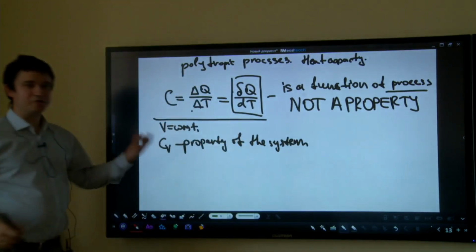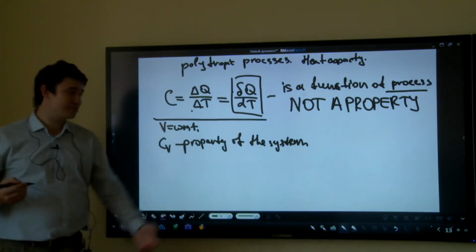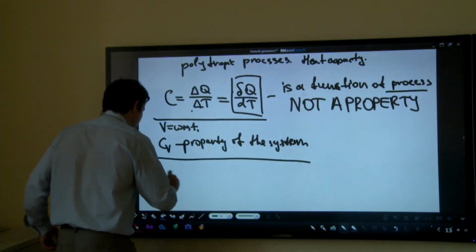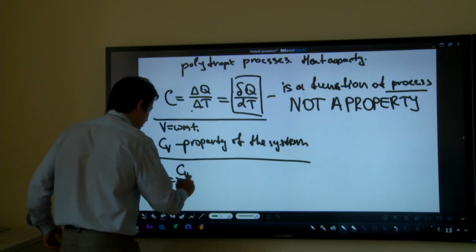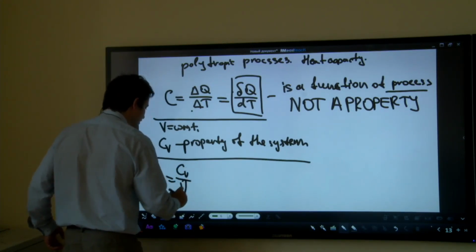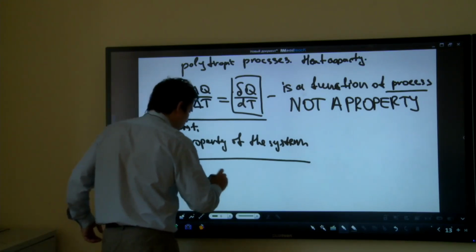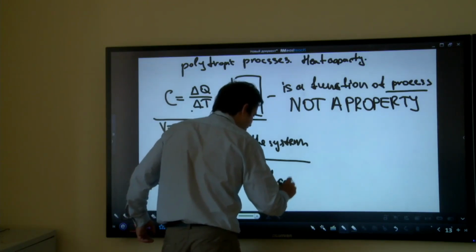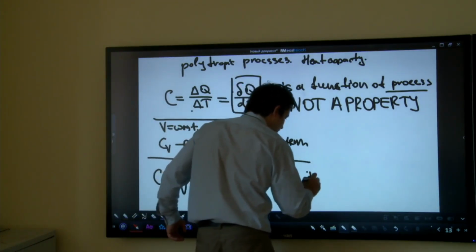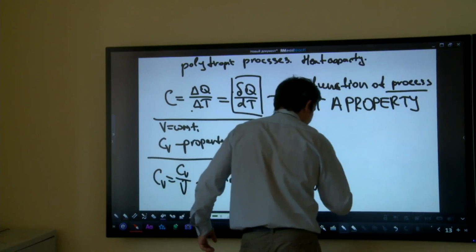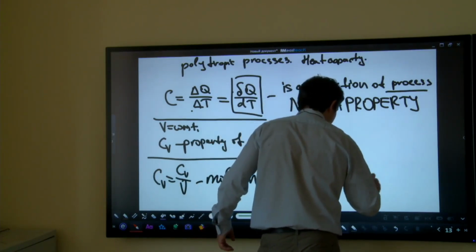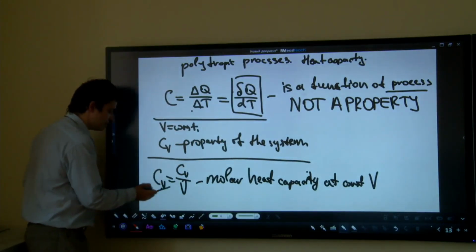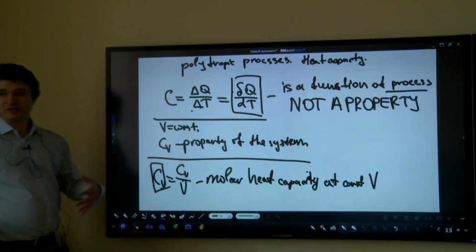And to obtain the physical property of the gas, I need to further divide this C_V by the amount of gas, by nu, and that would give me the molar heat capacity at constant volume. And this would be the property of the material.